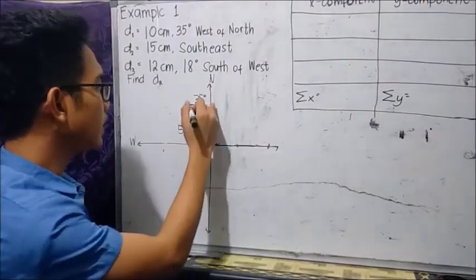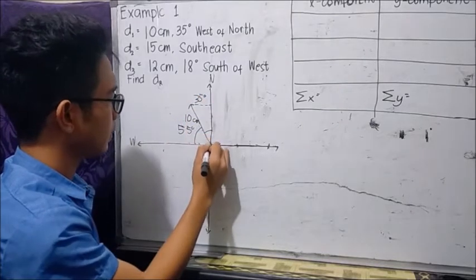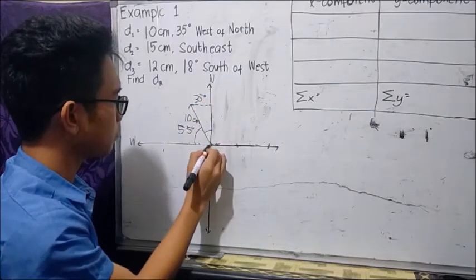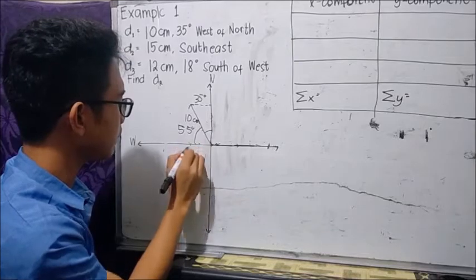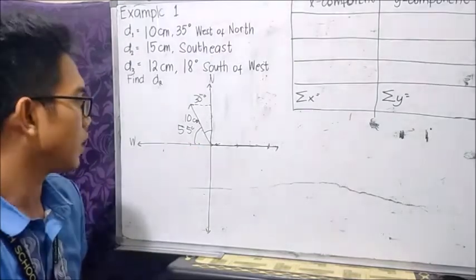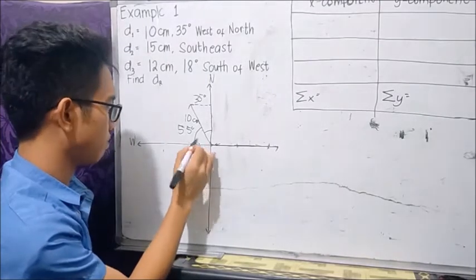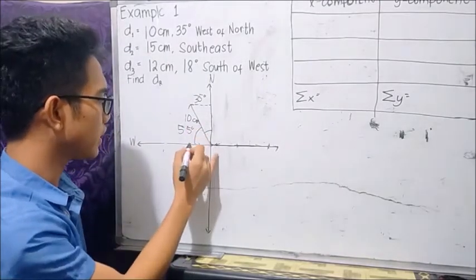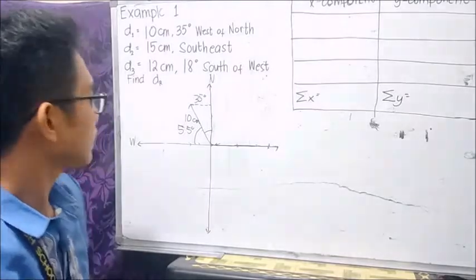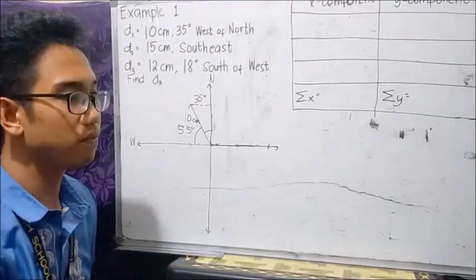So finding the x component of this, that is from this point to this point, that is the x component. Now you see, if the x component is right in here, then you can say that it is a negative value.